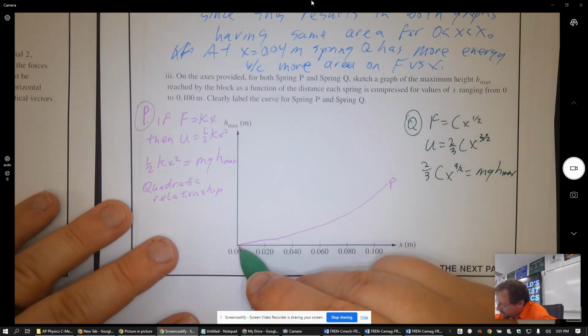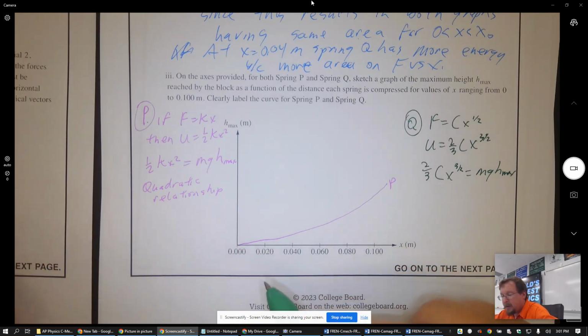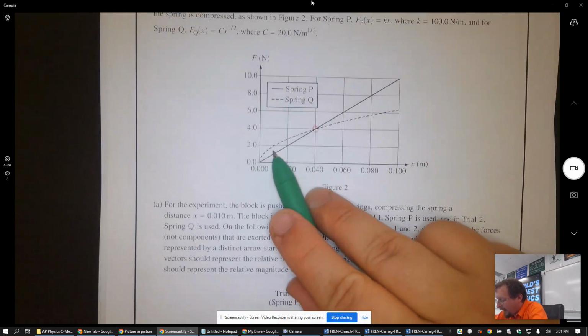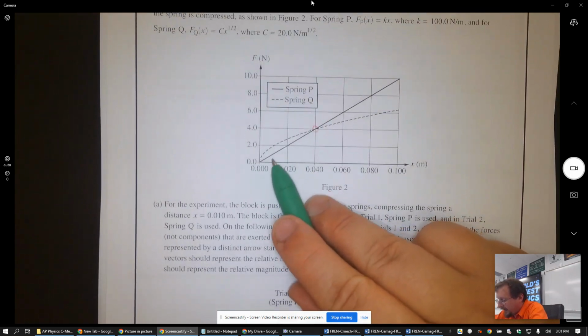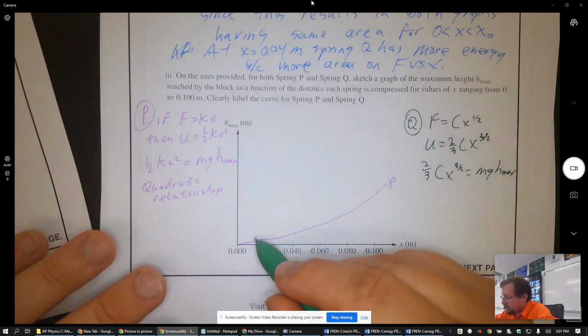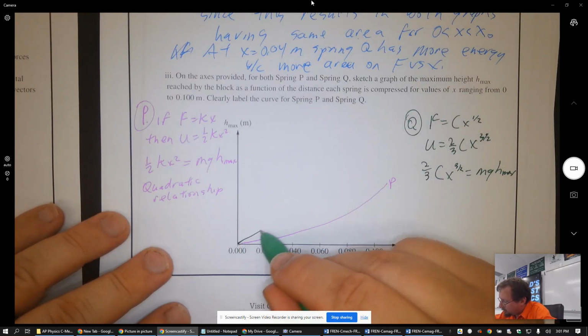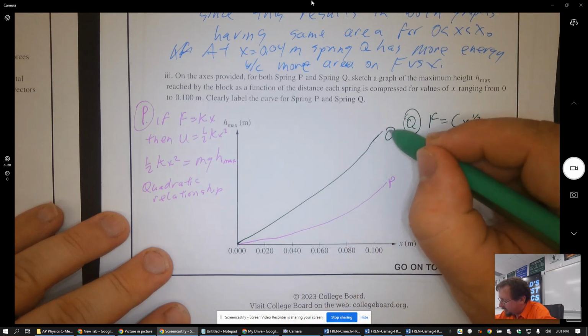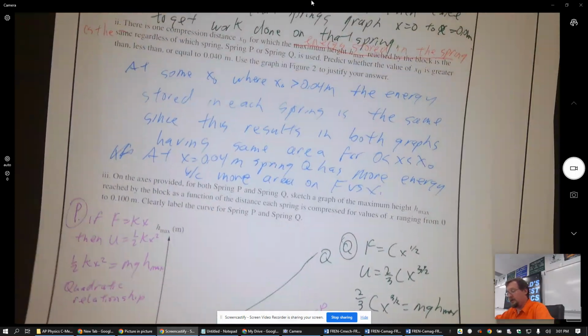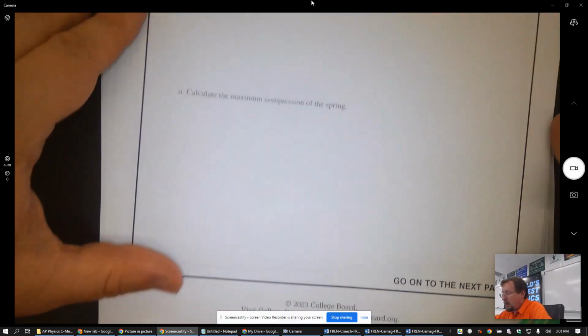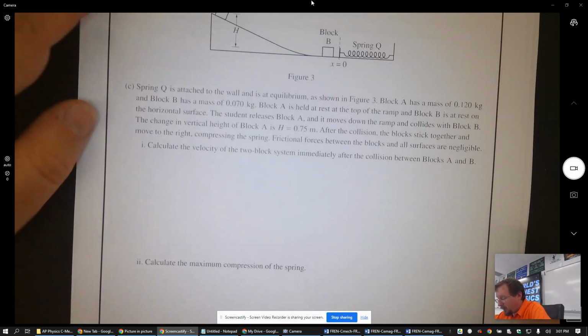It kind of looks like a parabola, but it's not exactly. But there's going to be more energy stored in Q, so that means you're going to go higher. It's going to be more energy stored at this 0.01, right? So I'm going to do something kind of like that for Q, and I'm going to hope that that's correct. Okay, I don't know if it is, and I don't know if I even care. Oh my gosh, how many parts does this have?